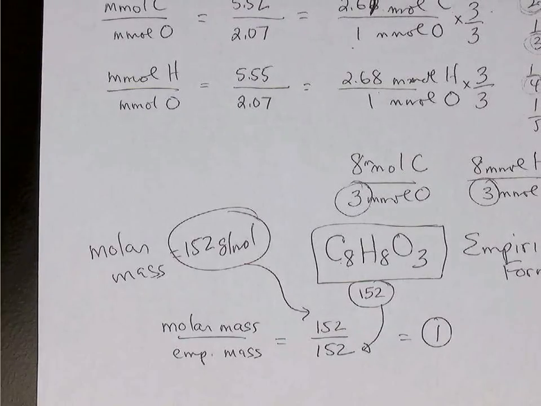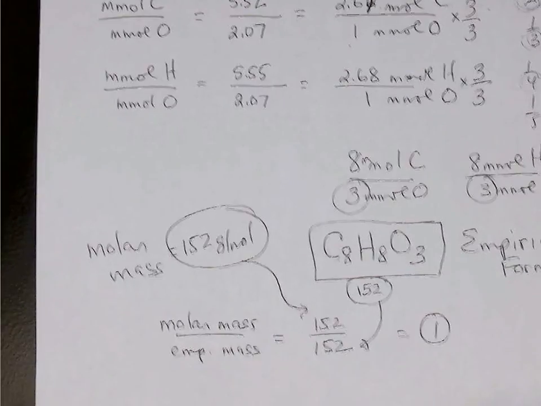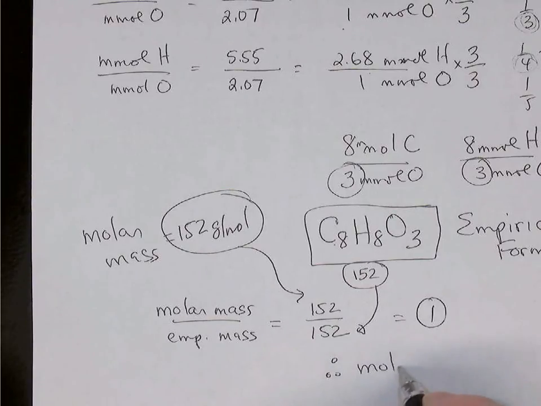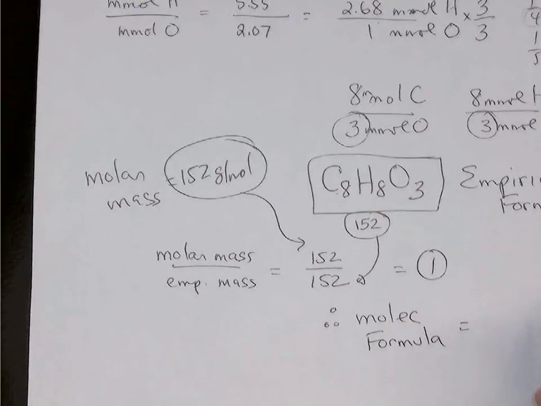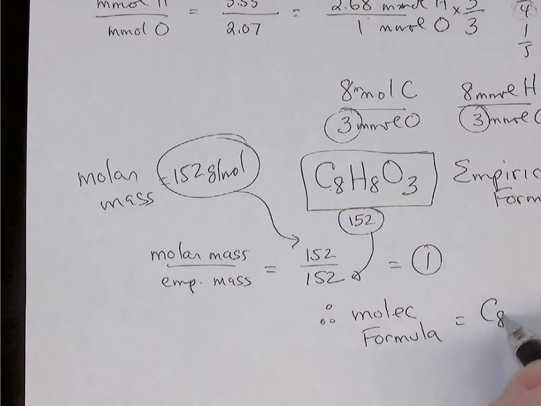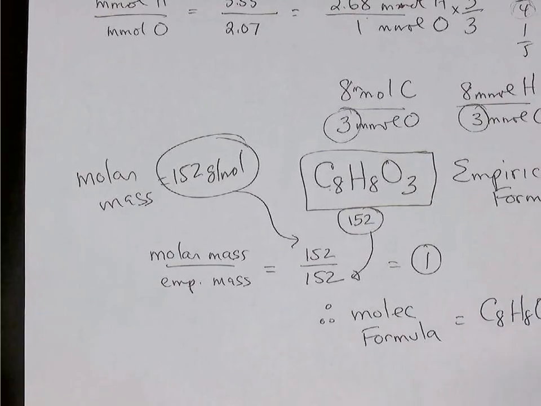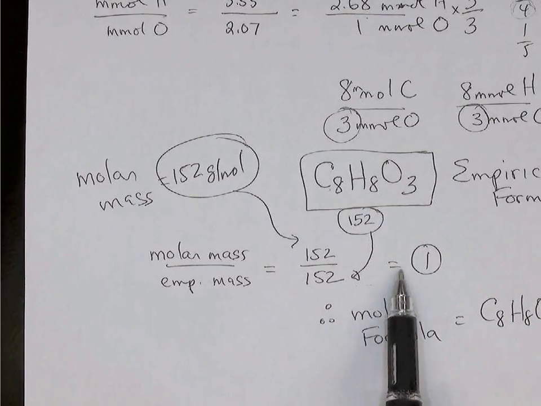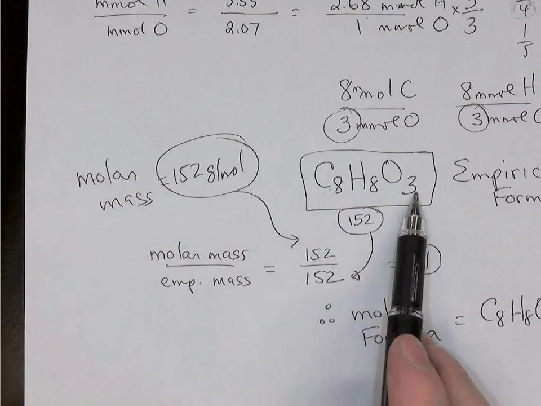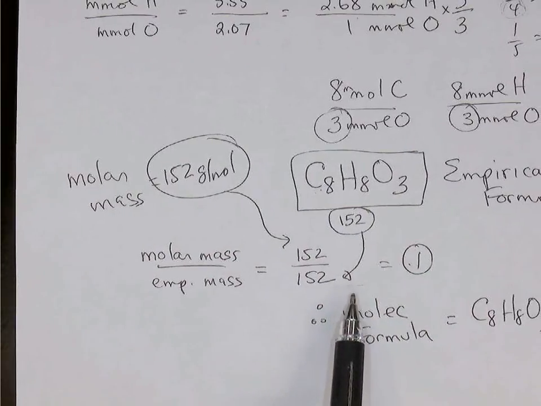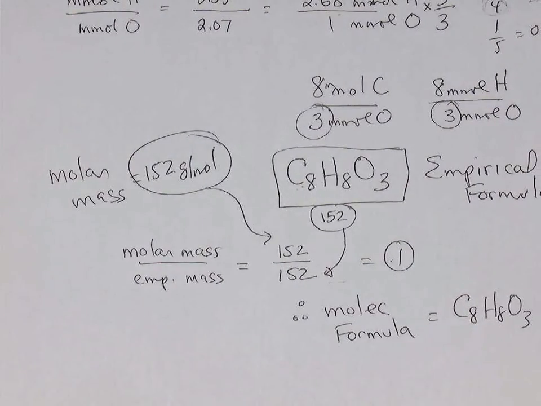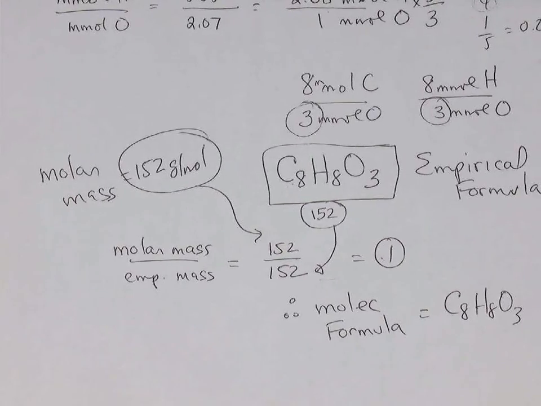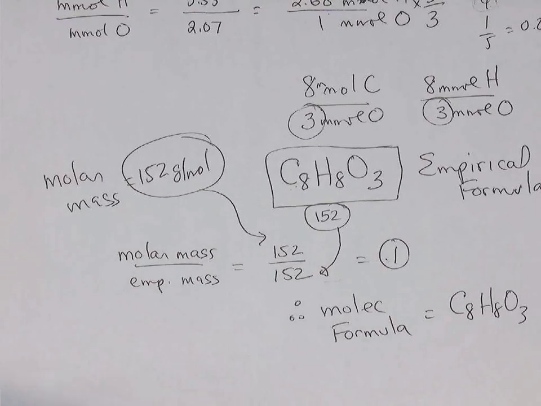So therefore, the molecular formula of vanillin is the same as the empirical formula, C8H8O3. If the answer to this ratio had been 2, then we would have doubled all of those subscripts. It would now be C16H16O6. If we'd had a ratio of 3, then we would triple the subscripts in our final answer. So because the ratio here was 1, the empirical and molecular formulas were the same.